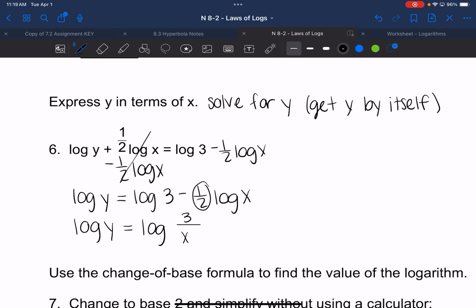So we also use that rule of knowing that a coefficient can be rewritten as an exponent, all right? Okay. Well, now this is kind of like the same rule, right? We've got the log of an understood base 10 of something equals log of an understood base 10 of something else. So again, that makes this like m and n, right? So what do I know?